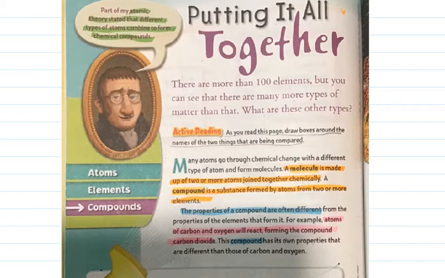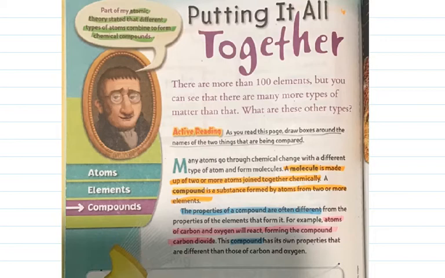Many atoms go through chemical change with a different type of atom and form molecules. A molecule is made up of two or more atoms joined together chemically. A compound is a substance formed by atoms from two or more elements.